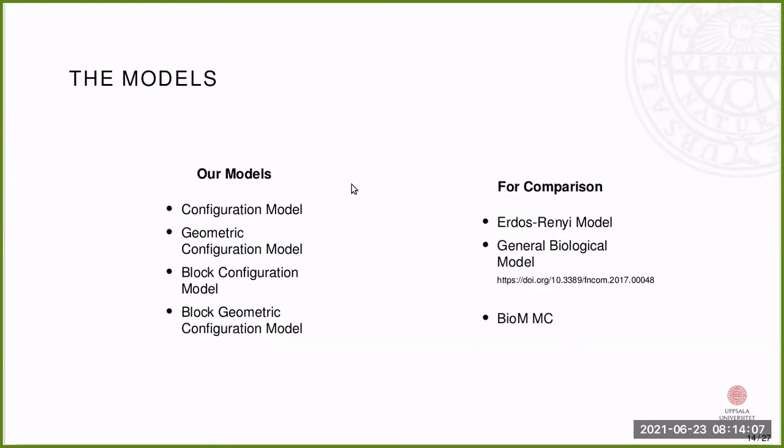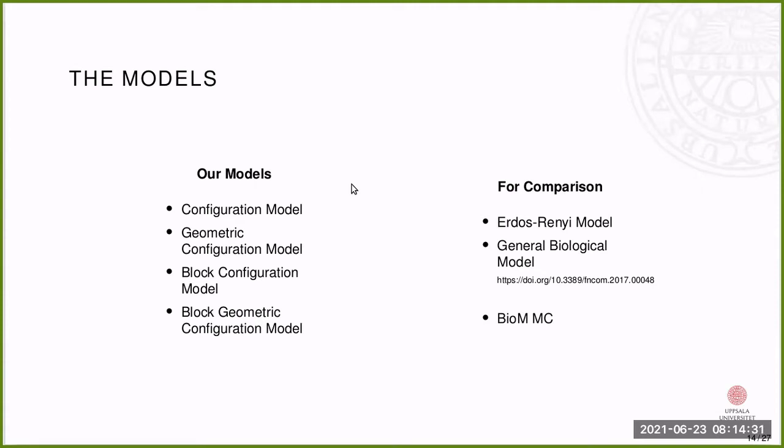Okay, so we have 4 models we worked on: configuration model, geometric configuration model, block configuration model, and block geometric configuration model. And we use a cut, permute, rewire algorithm on all 4 models.